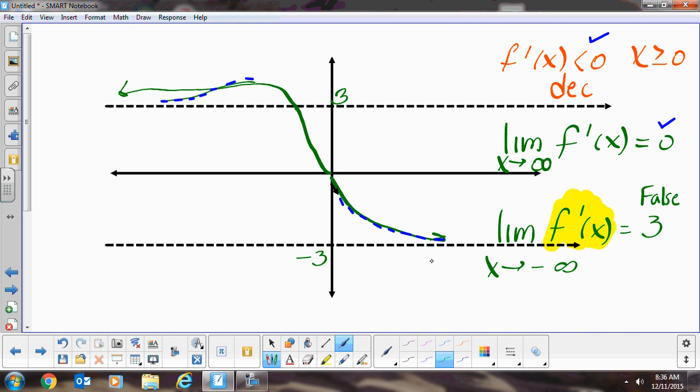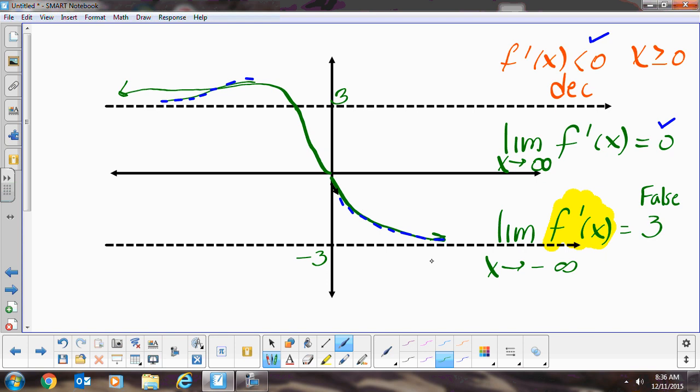So that -2 is not the max or min, because if f prime of -3 equals 0, then that means that's the slope of the tangent line at -3. So that diagram's a bit deceiving.